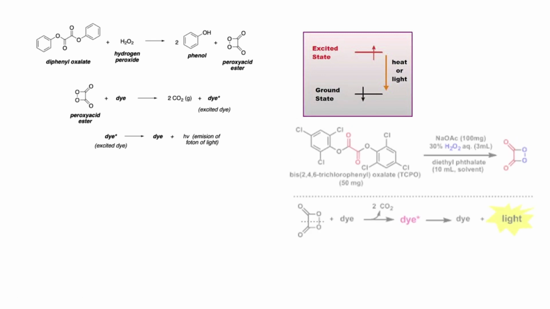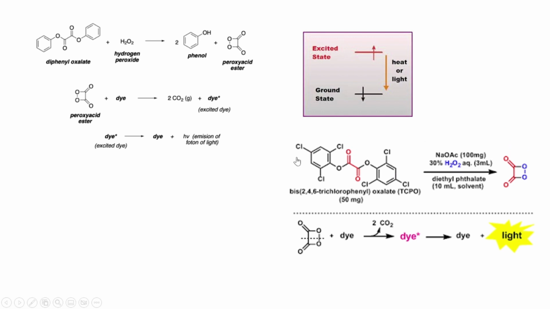People also use some other chemicals to make it more stable. You can see a similar kind of diphenyl oxalate, but here the phenyl is substituted by three chloro groups, so TCPO, trichloro-diphenyl oxalate. It is a similar thing, but mainly our target core is this oxalate part.